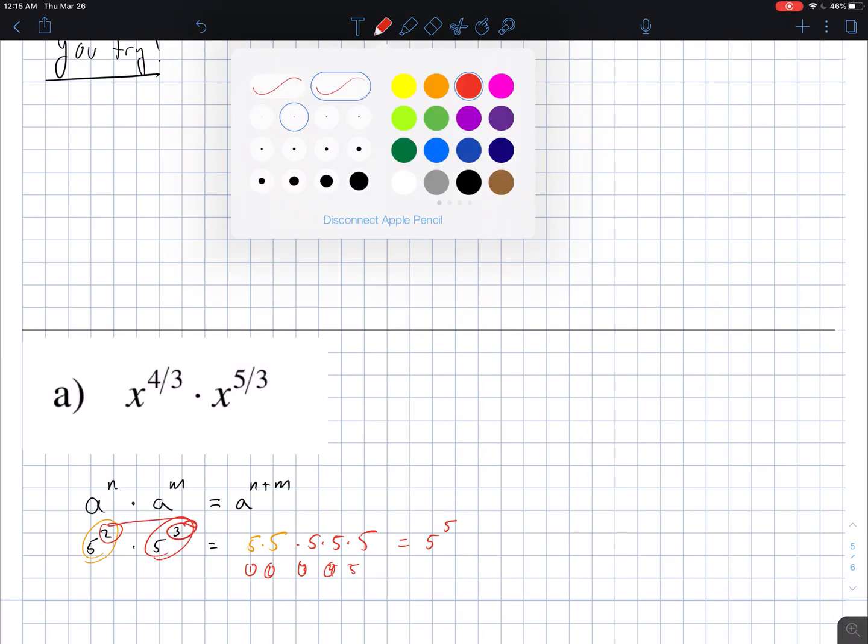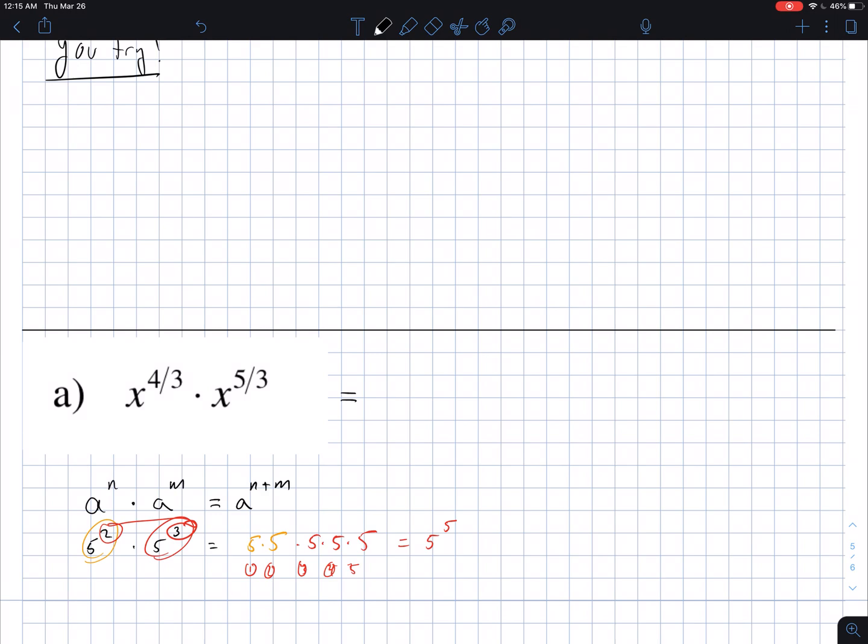So in this case, it should be quite simple, especially because we know that the denominators are exactly the same, which is really nice, right? So this is really x to the 4/3 plus 5/3. Because they have the same denominator, we just add the numerators across.